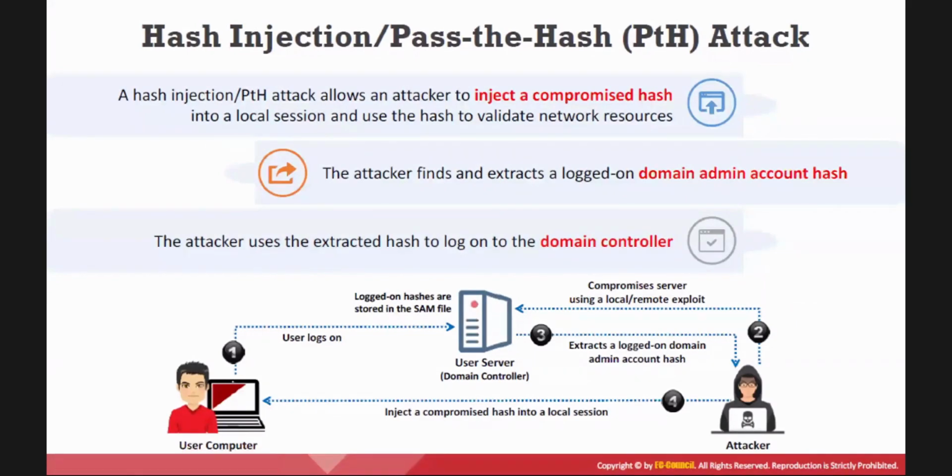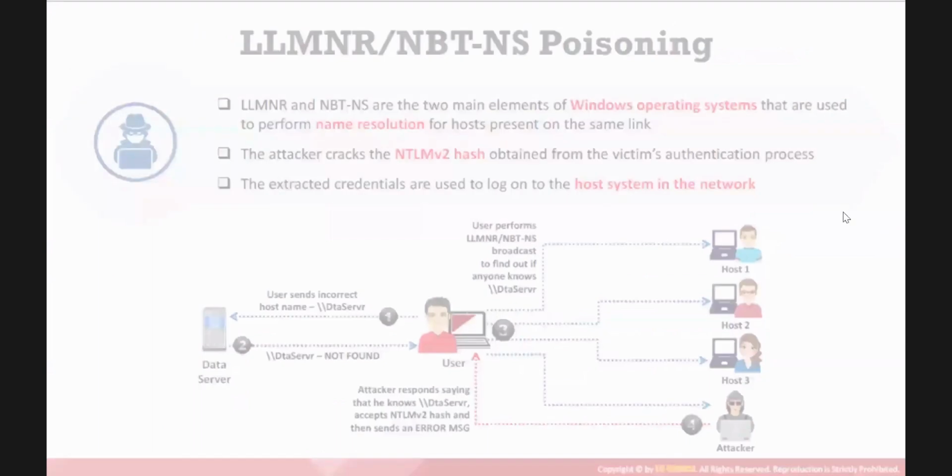We would be retransmitting the same captured hash, and it would be recognized as a legitimate one, and then we can easily log in without the password. We are only giving the hash to the server, the domain controller, and it would let us log in to the network as the owner of the hash. So this is what we call a pass-the-hash attack.